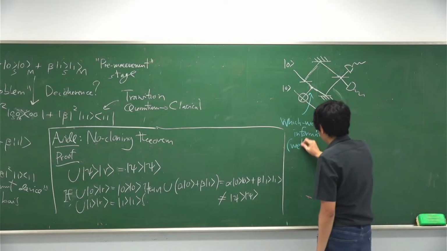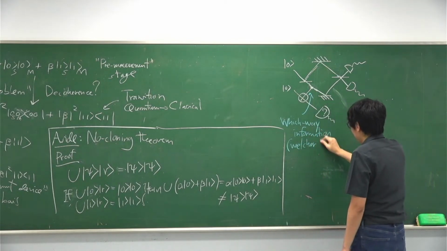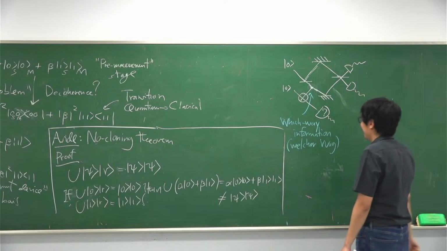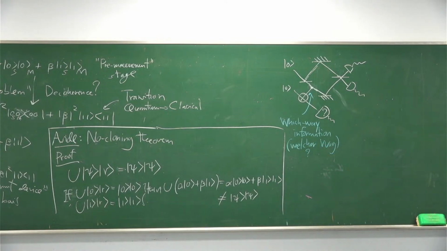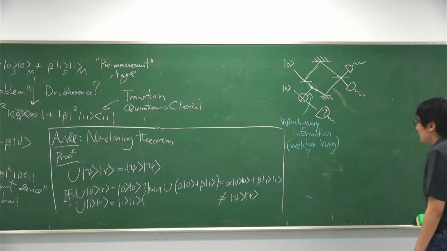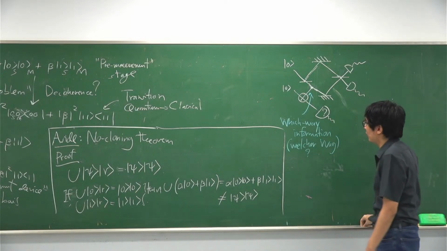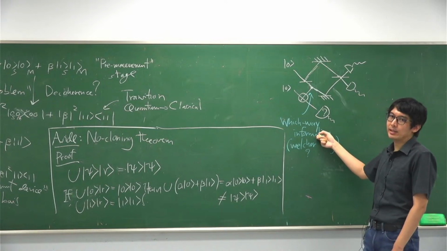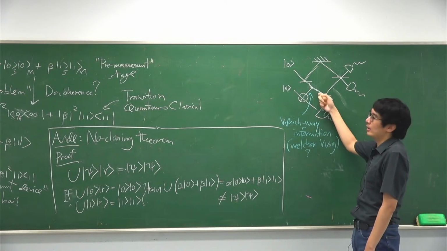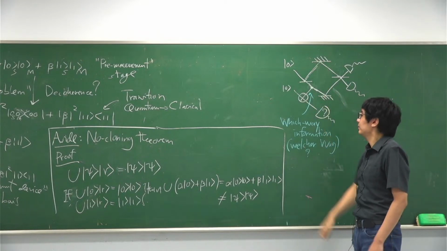I'm not sure, I just guess the spelling. Which for us here in the circuit model is really just the information in the computational basis, whether the state is 0 or 1.